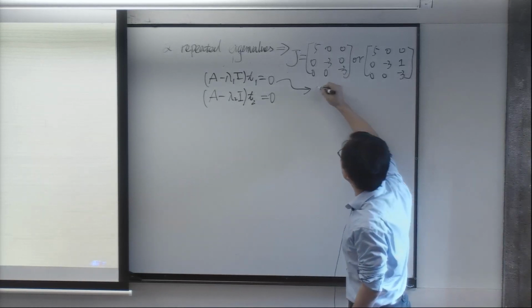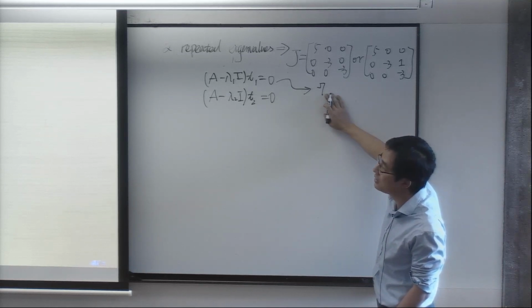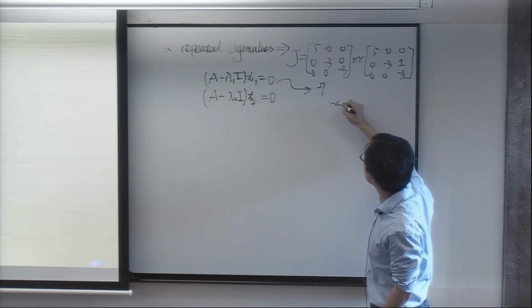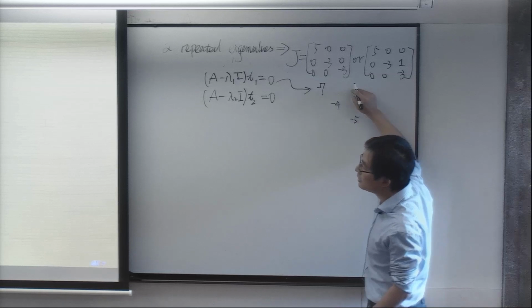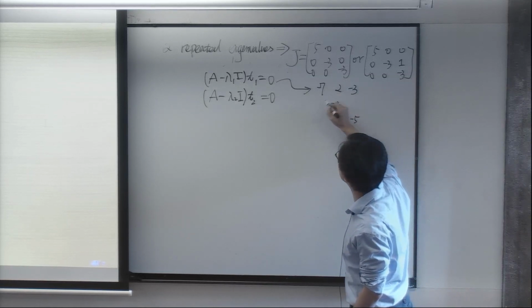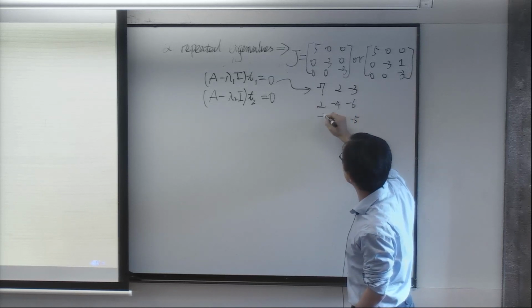I'm going to omit the intermediate steps and write down the final entries here. And then 1 minus 5, and 0 minus 5. 2, negative 3. 2, negative 6. Negative 1, negative 2.